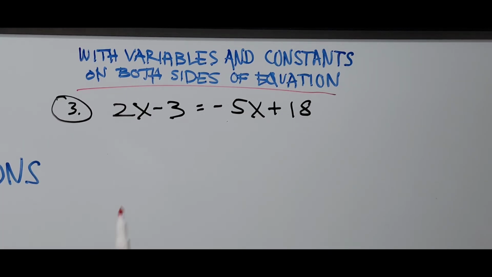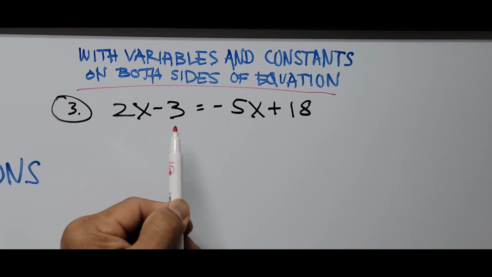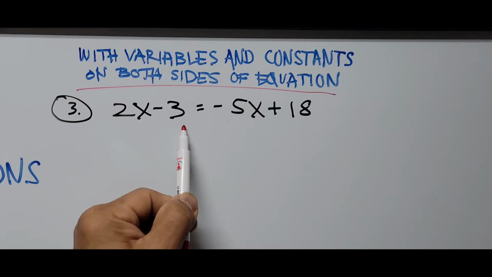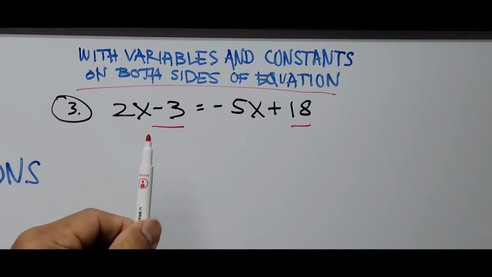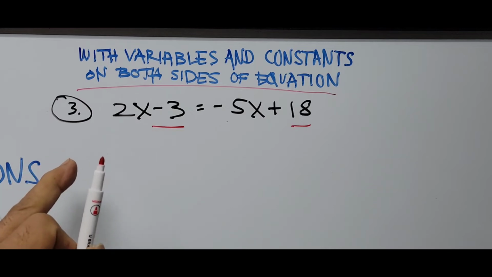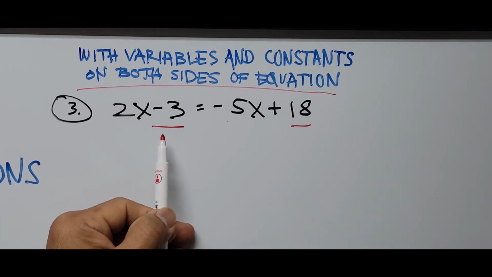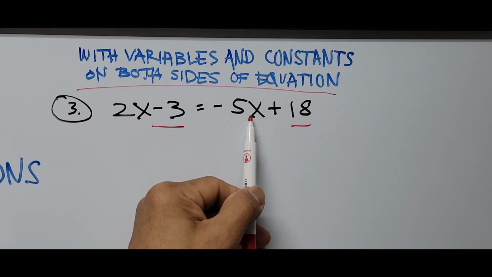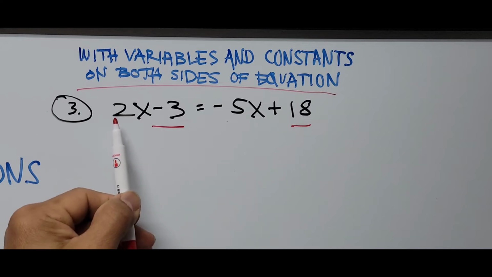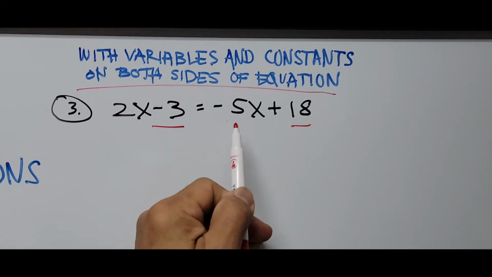We have a constant over here, and our aim is to move this variable to the left side. So we have to eliminate the constant over here first. And then next, we combine the variable terms, moving the one on the right to the left. So that's the second step.